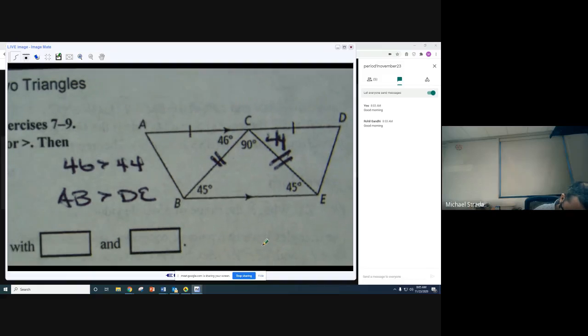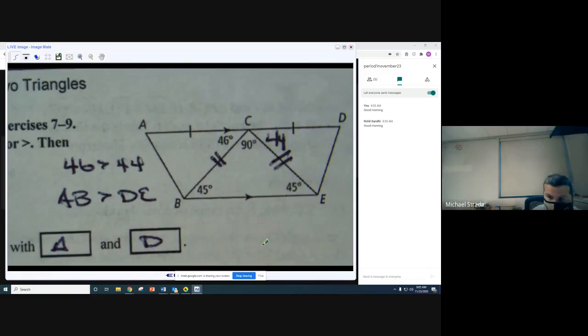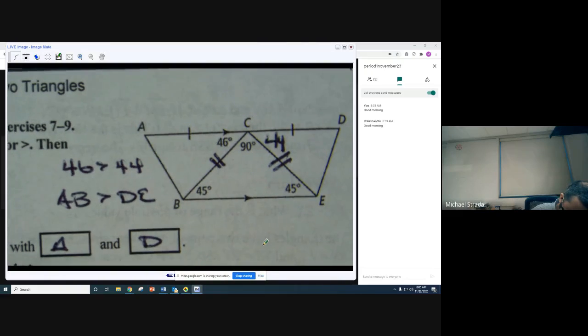C forms a straight angle with A and D. The measure of angle DCE, as a result, we said was 44 degrees. And then we concluded that AB was greater than DE.